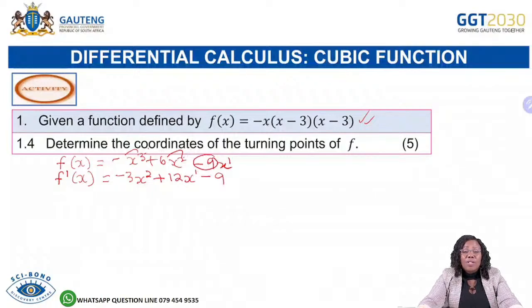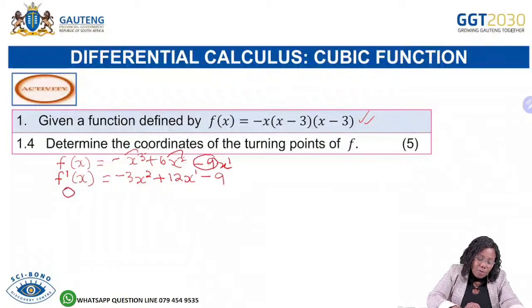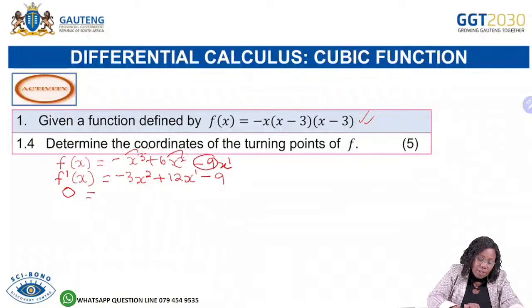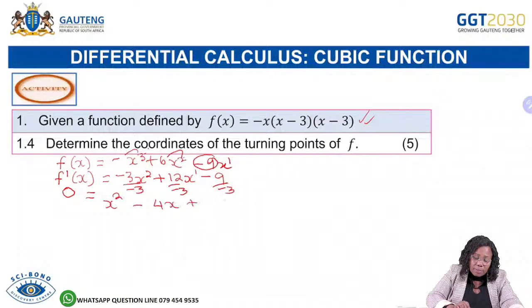Because we are looking for a turning point or stationary point, we let this derivative be equal to 0 because the function is stationary there. We are dividing by minus 3 throughout, and then that will be x squared minus 4x plus 3.